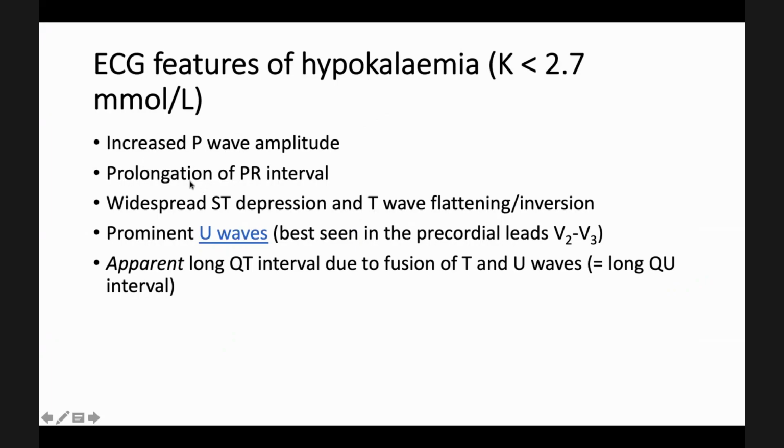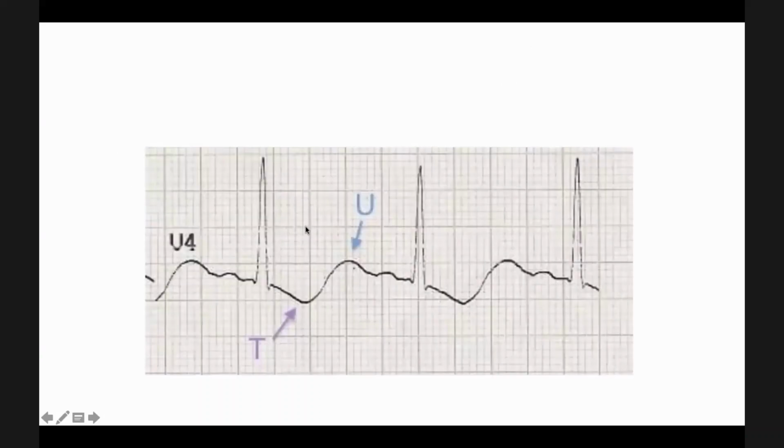Usually the PR interval could be prolonged, the ST segment could show depression, the T could get flattened, and the presence of U waves is very significant when there's hypokalemia. When it is less than 2.7 you see these changes. So this is about ST depressions and the presence of U waves.